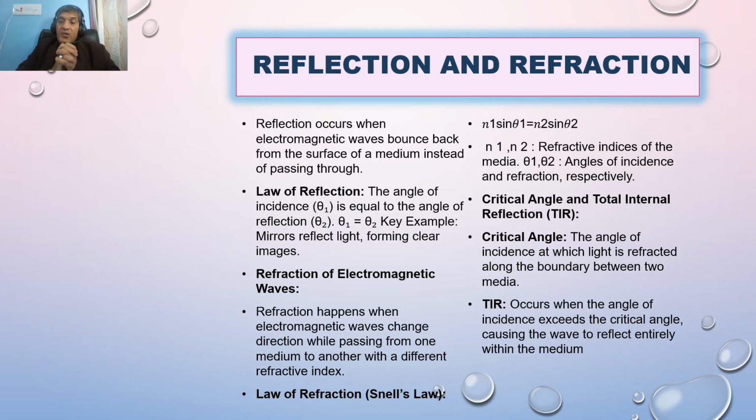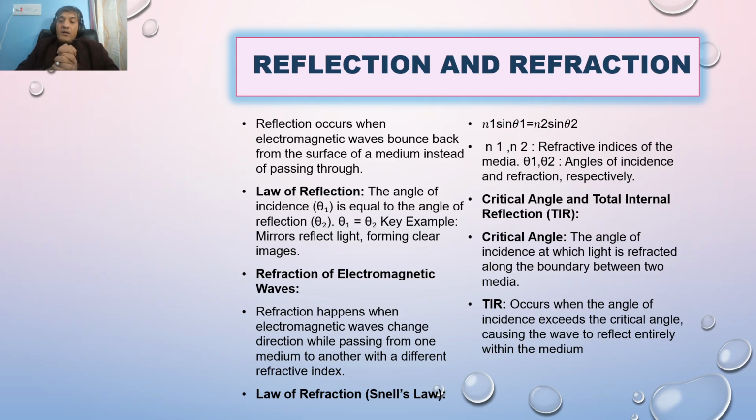Here is the critical angle and total internal reflection. These are some basic points you have to know regarding reflection and refraction. So I just want to explain a simple definition of the critical angle. It is the angle of incidence at which light is refracted along the boundary between two media. And here is a basic definition which I want to read: it occurs when the angle of incidence exceeds the critical angle, causing the wave to be reflected entirely within the medium, and it is known as total internal reflection.